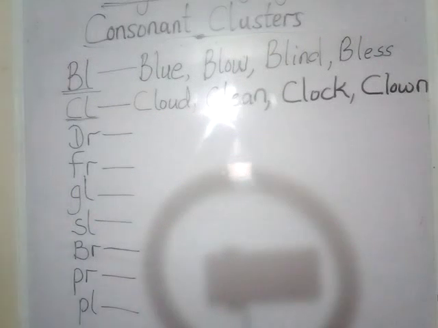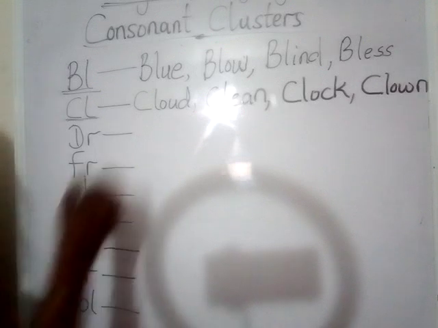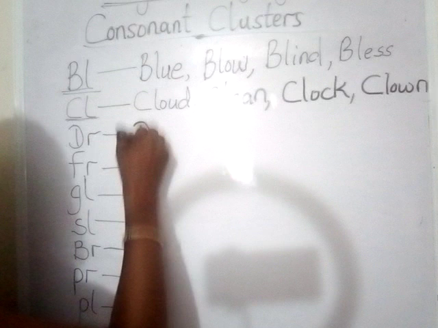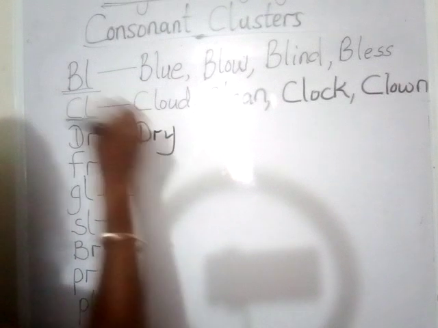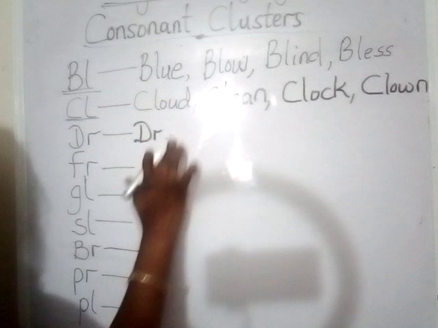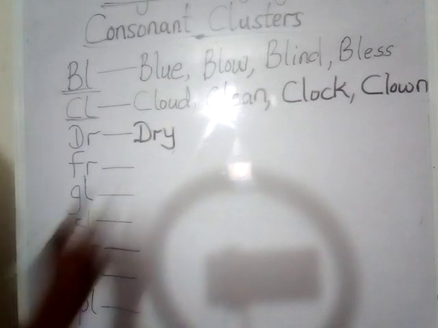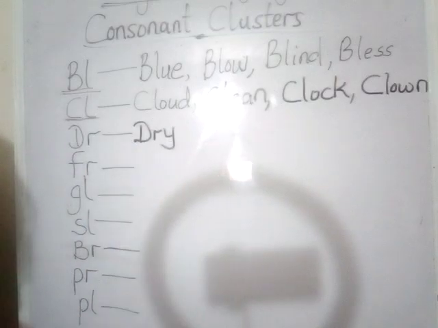Now the next consonant cluster we have is dr. So the first word we have here is dry. Okay, let's move this up a little bit so that it doesn't affect the following words that will be written below.